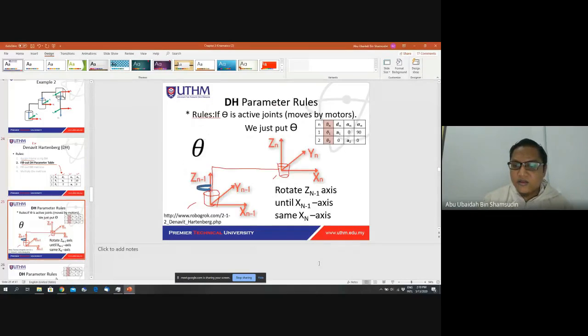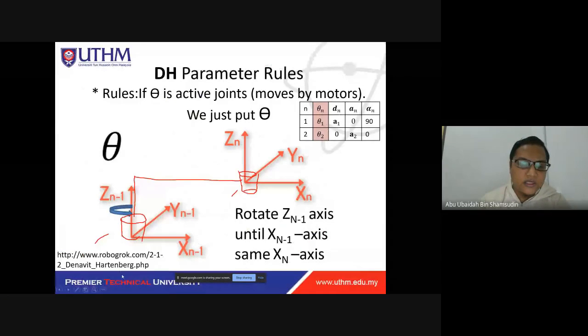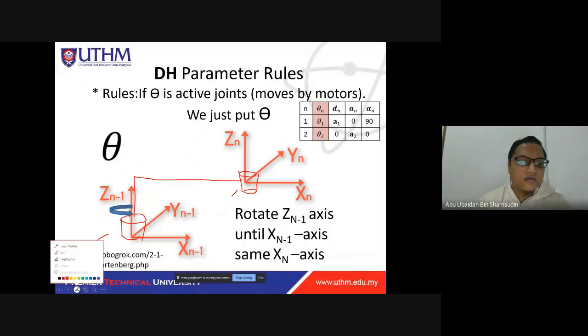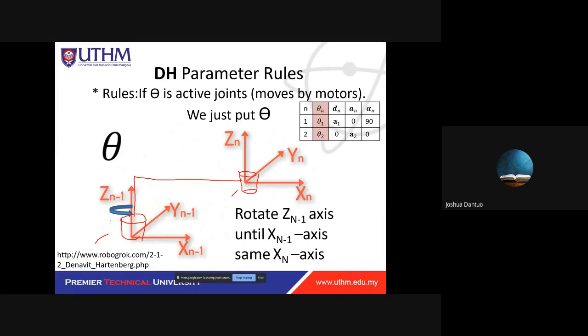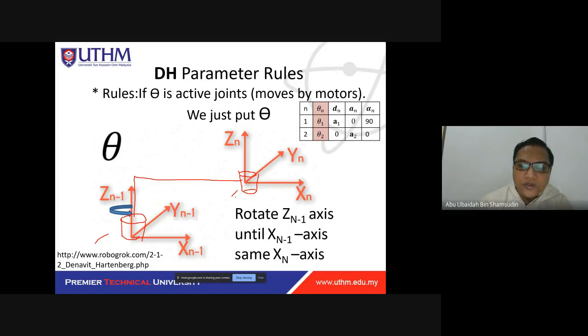Okay, so today we will learn how to find these four parameters to get the forward kinematics. As I said before, we have these two motors. And then we want to define the parameter theta 1.